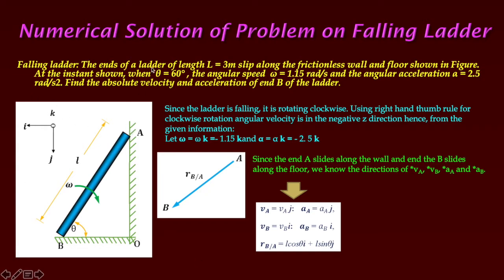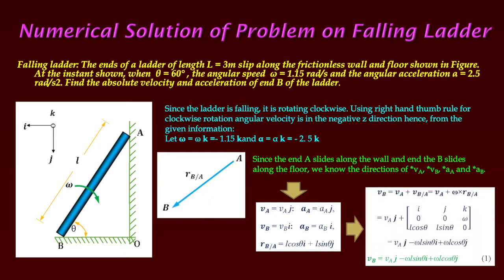It is the length L. Now the component of this length in the i direction is L cos theta, whereas in the j direction it is L sin theta. So this is the radius vector.